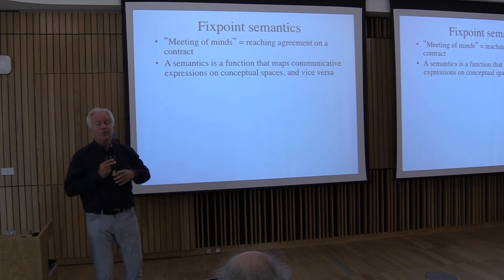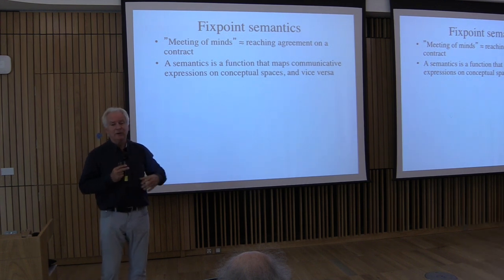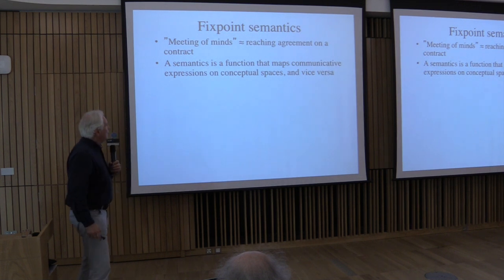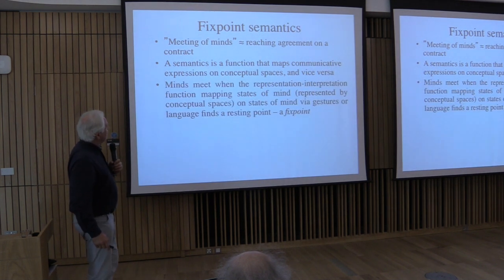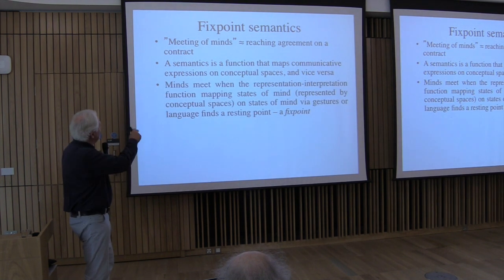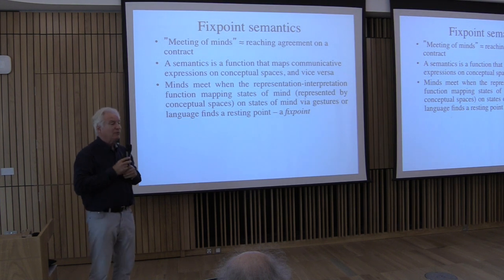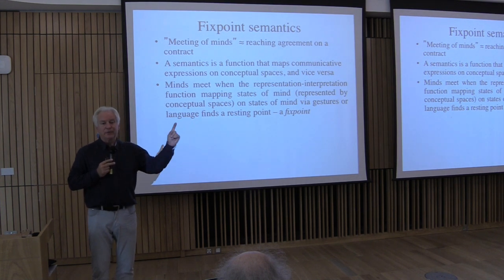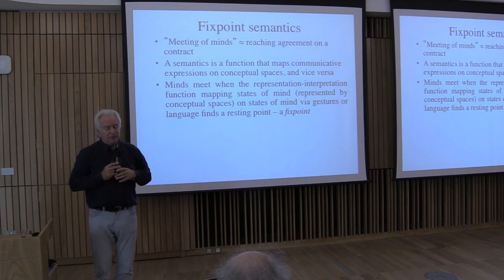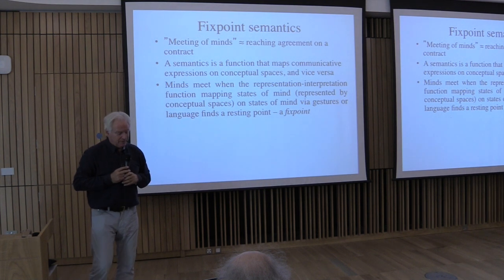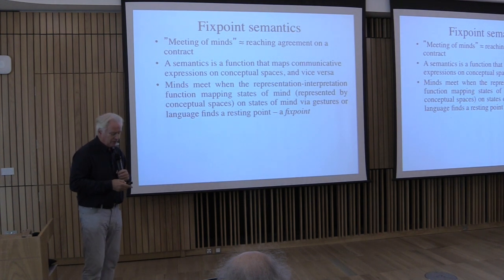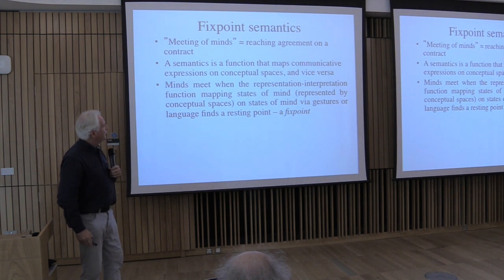So semantics is a product of the expression function and the interpretation function. And minds meet when we find this fixed point. So declarative pointing, joint attention, is an example of this fixed point.